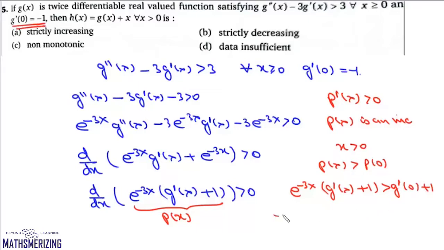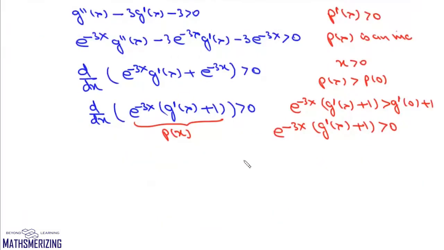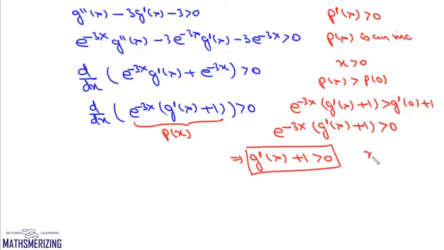So that means e^(-3x) g'(x) + 1 is greater than 0, or we can simply say that g'(x) + 1 is greater than 0 for all x greater than 0.